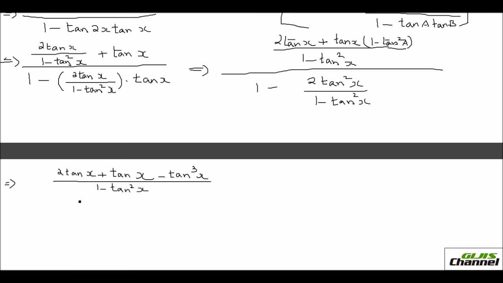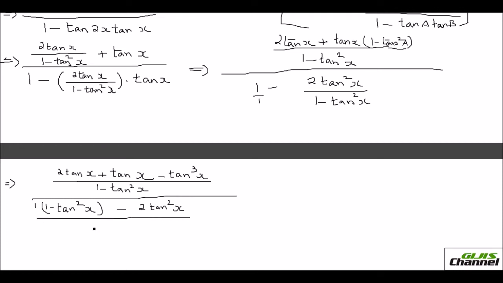Likewise, I'm going to do here too, the denominator, I take it as 1, so I'm going to subtract this. So that would be 1 times 1 minus tan squared x, minus 2 tan squared x, whole thing divided by, again, 1 minus tan squared x. The denominator of the numerator and the denominator of the denominator is same. You can just cancel these two.